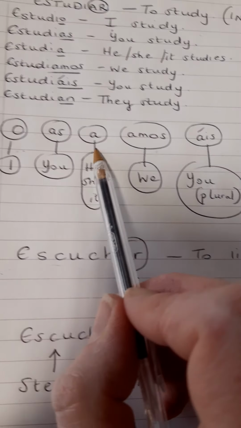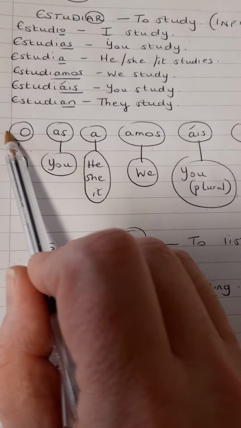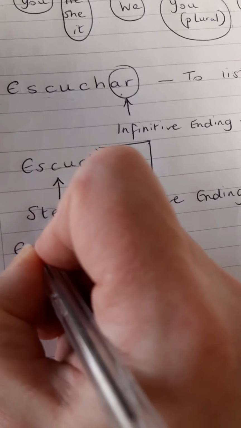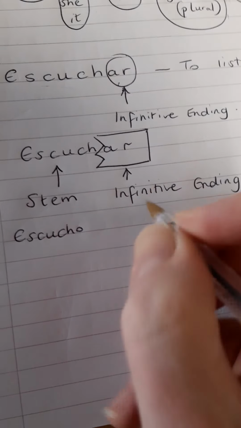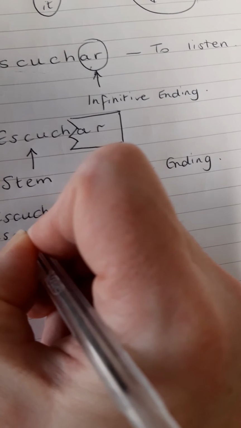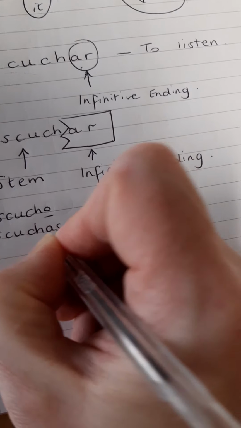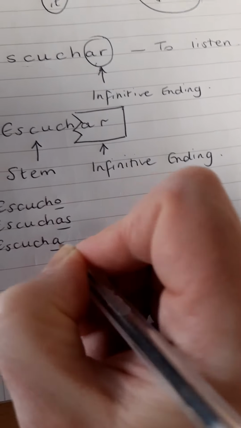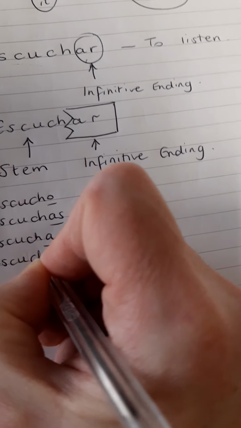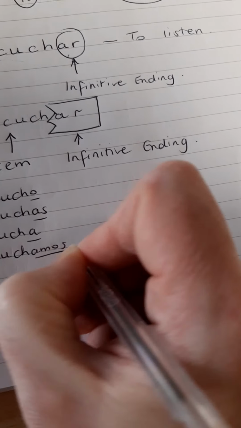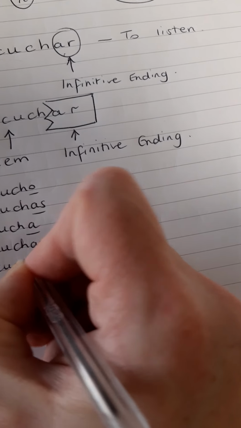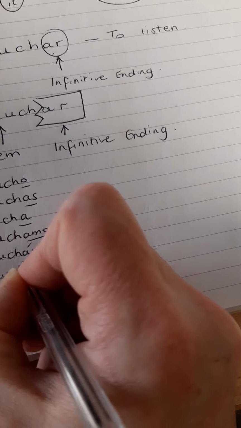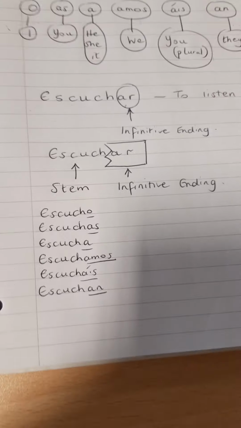These are the present tense endings, okay? So, for example, we'll write this verb very quickly. I won't write out all its meanings, but I will write it out in Spanish, and then you can tell me what they mean. There we are.